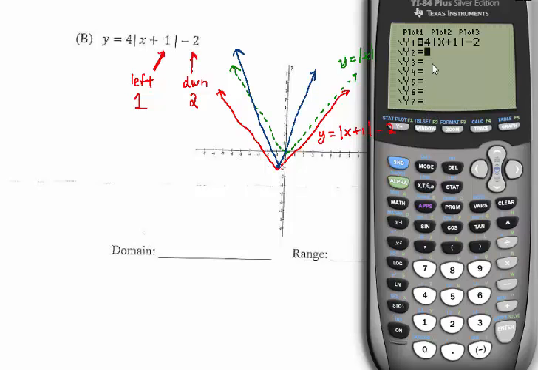And what I'll do on the next line is I'll graph it without the 4, and we'll compare the two. X plus 1 and the minus 2 outside, and graph them. Just hit the graph key.